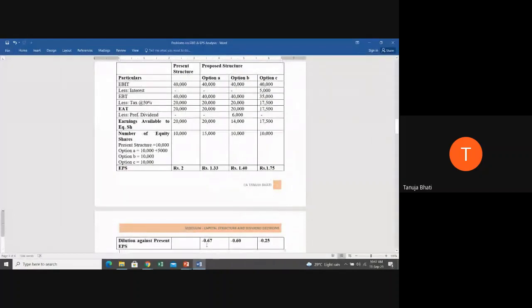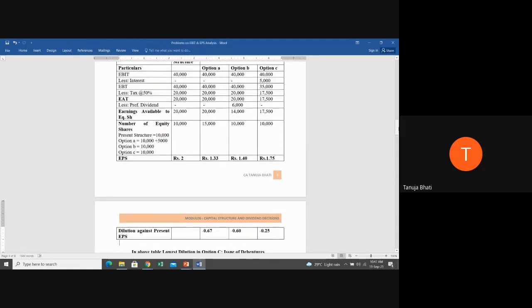Out of these three, see students, your present EPS was 2, but options A, B, C have reduced your EPS from its present EPS, current EPS. So which particular option will you select where the EPS dilution is minimum? Out of option A, B, C, which option will you select? Yes, students?